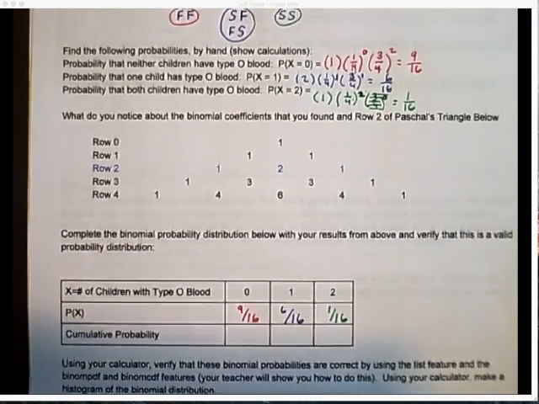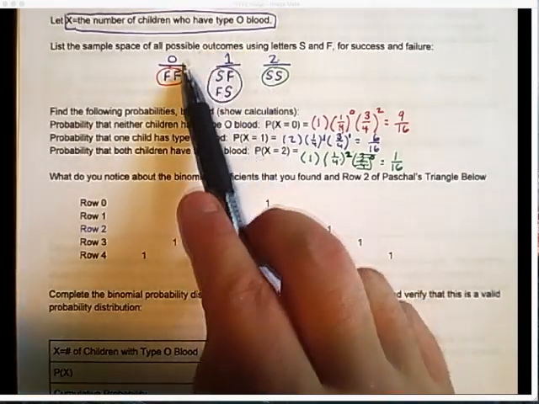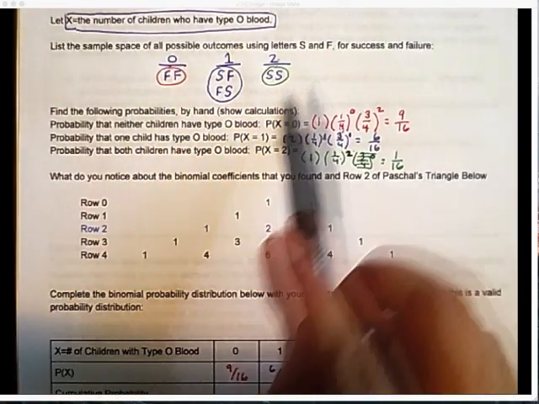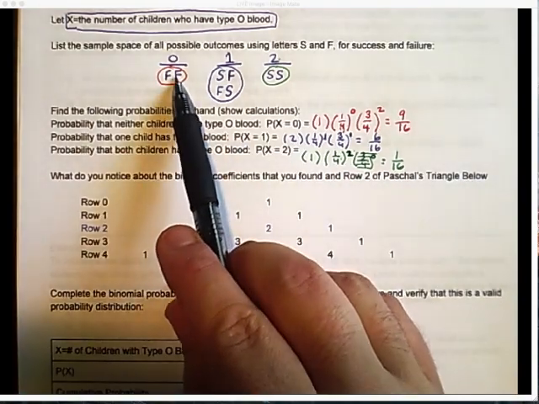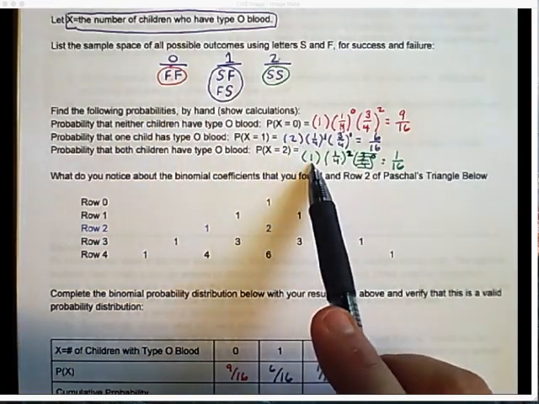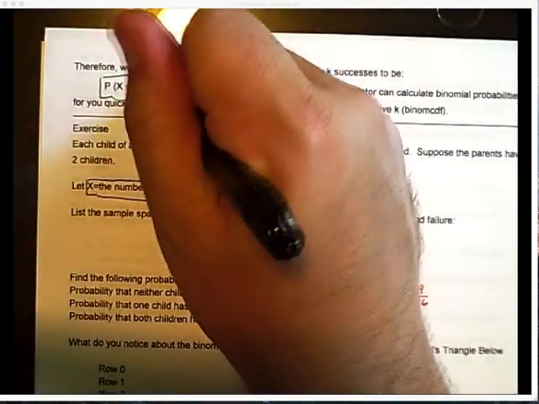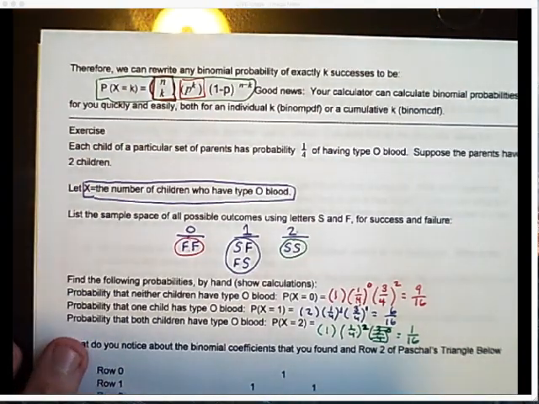Now, with bigger data sets, it becomes a lot harder to list all the outcomes. Well, what do you notice here? Look at these leading coefficients, 1, 2, 1. I said that those were the same as this part. It's the number of arrangements that are possible.